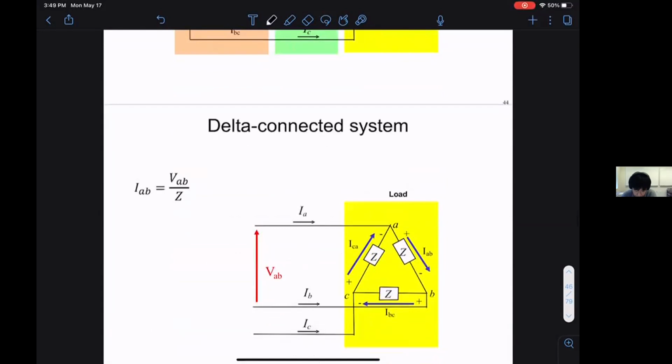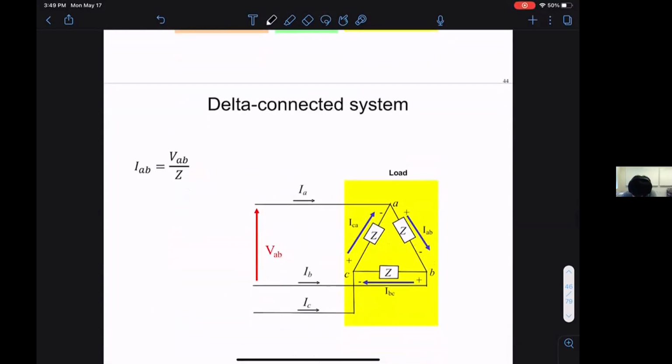So let's do the calculation here. If you look at the current through a load, the load current A to B is the voltage VAB divided by the load Z. Okay.